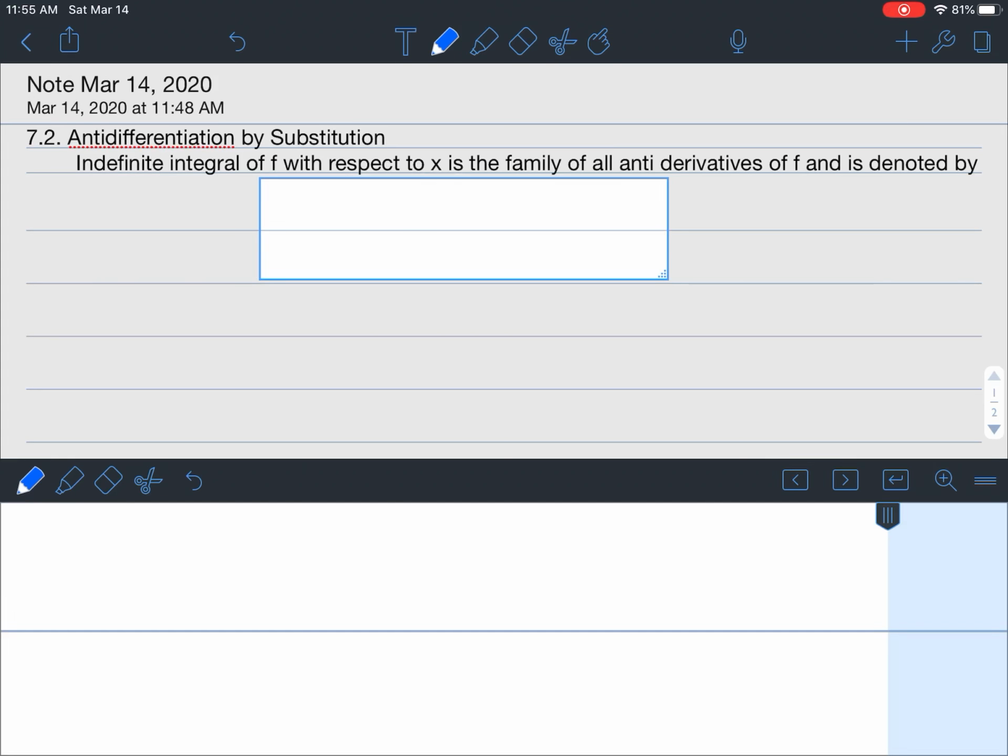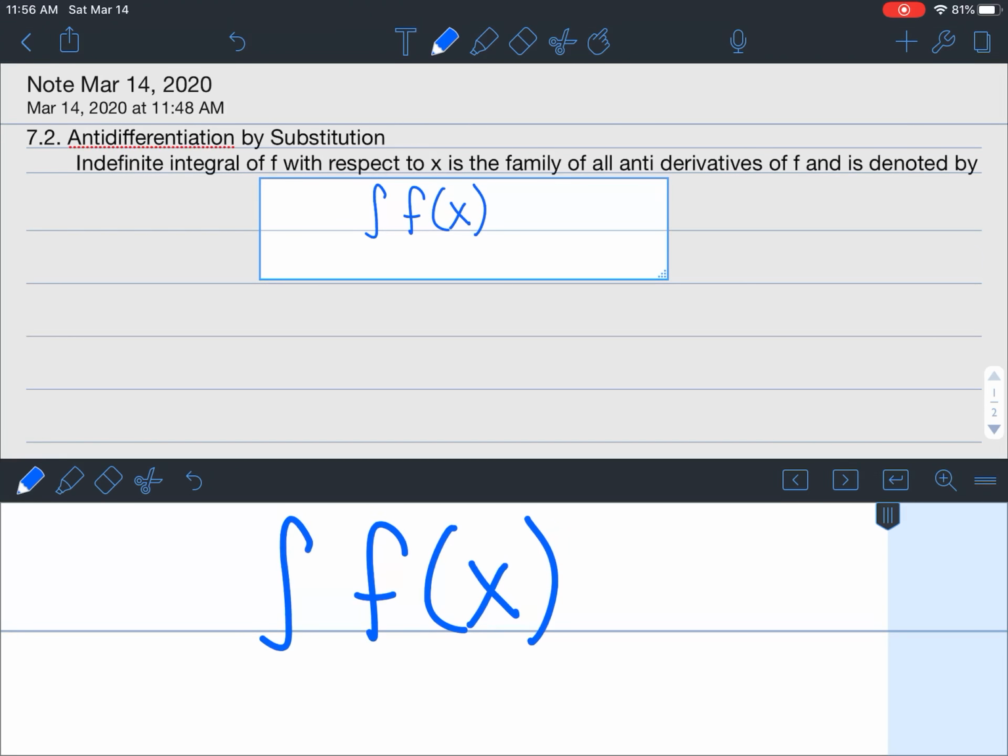Antidifferentiation by substitution, or integration by substitution. An indefinite integral of f with respect to x is the family of all antiderivatives of f and is denoted by... Notice that an indefinite integral doesn't have a number here or here.